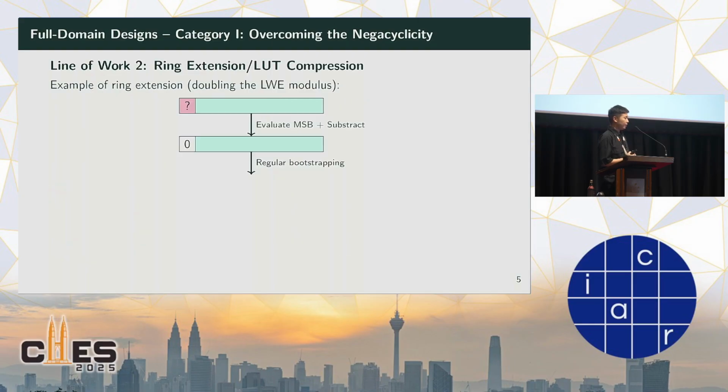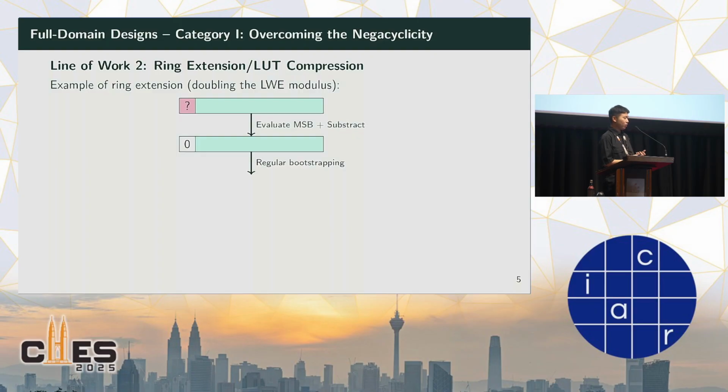The second line of work in this category is using ring extension or lookup table compression. Let me give an example of ring extension. If we double the ring modulus, the encoded message would lie in a half domain, but with a random MSB. So we can just use the regular bootstrapping to evaluate the MSB and then do the homomorphic subtraction.